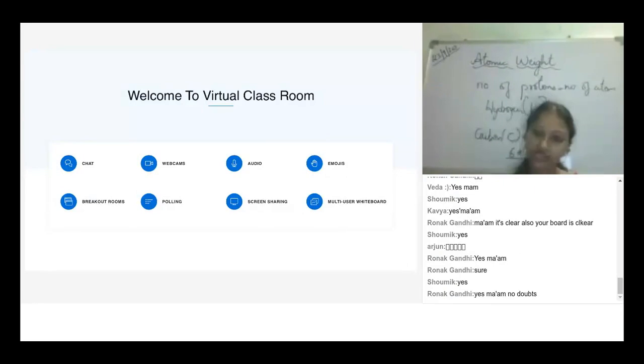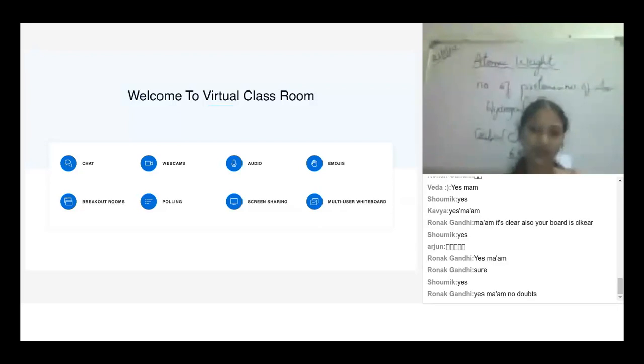Whenever we learn a new concept, we need to go from the basics and the foundation of that concept. So first of all, when the elements were found, before that they had taken the standard weights. Even now, when we go to the grocery shop, we can see all the digital weighing machines.